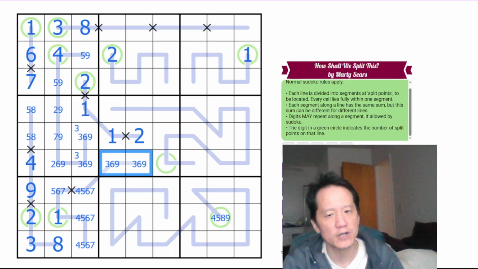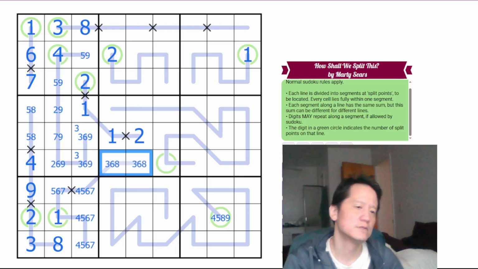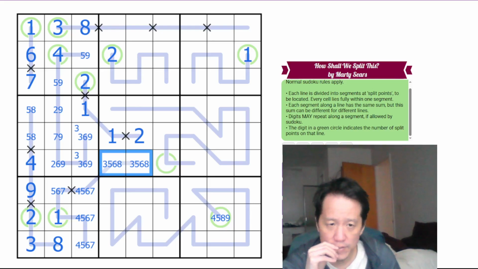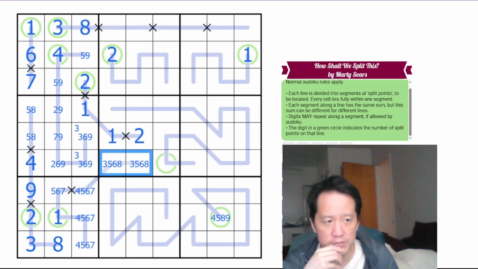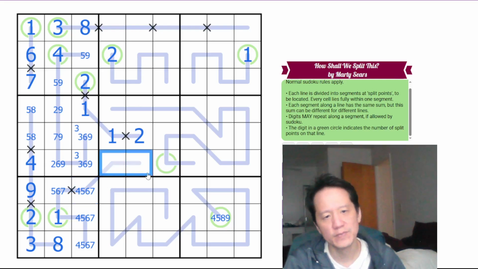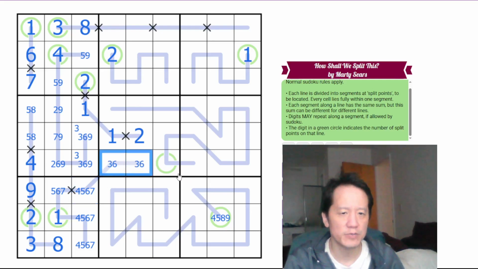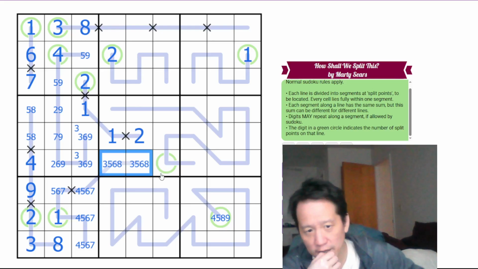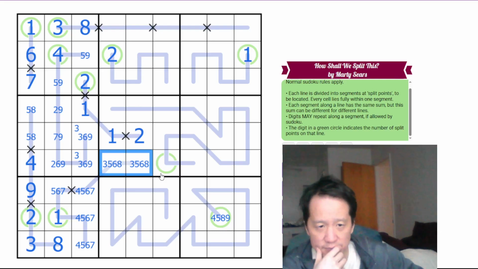No, it can't be 3, 9. 3, 8. Or 5, 6. Because you can have repeats. Oh, wait, not 5, 6. Hold up. 4, 5. This is 6. That's why I was getting confused. It could be 3, 8. It could be 5, 6. Added with 6 to add up to 17.